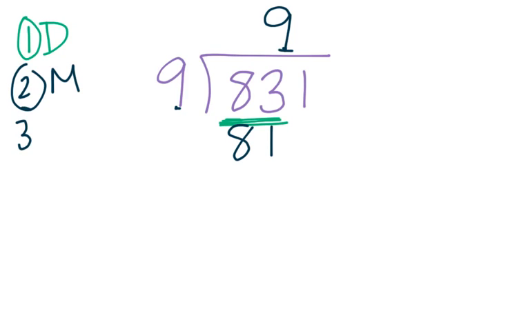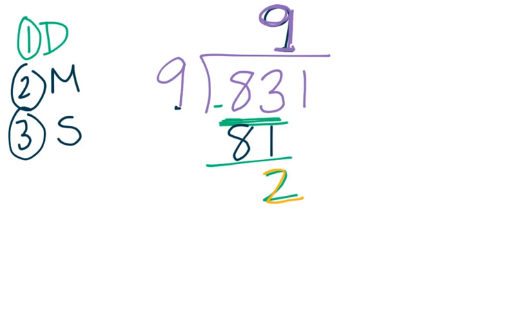Step number 3 is to subtract. 83 minus 81 is going to tell me how many I have left. I have 2. Notice how this 9 that is up top right here is in the tens place. Not in the hundreds place, but in the tens place, because I had to regroup, and I had to focus on 83 tens.